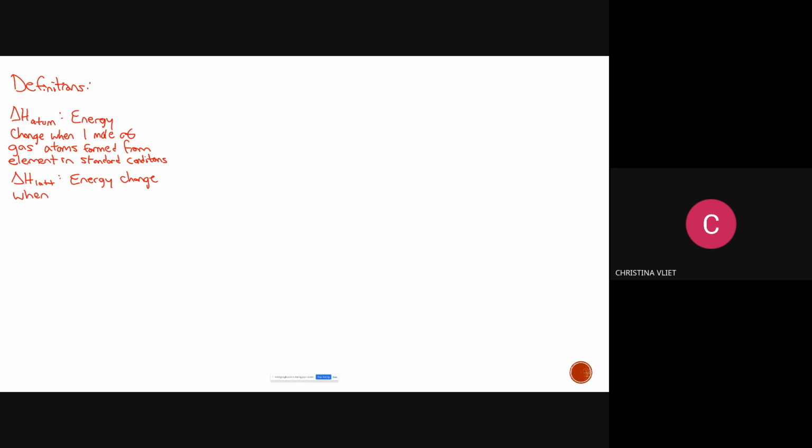You all are very good at detecting patterns. It's always 1 mole. And then you're looking at what actually happens. When 1 mole of an ionic compound forms from gas atoms.